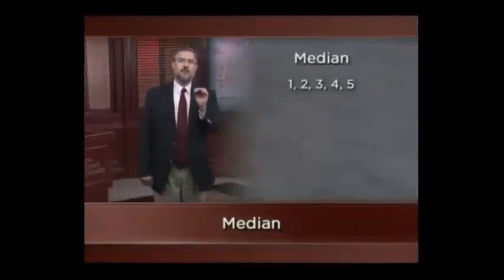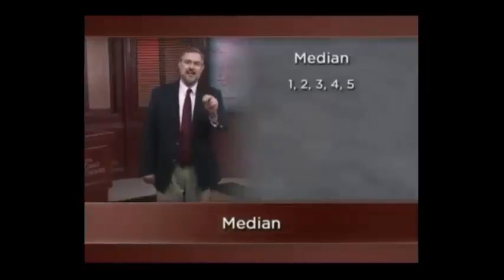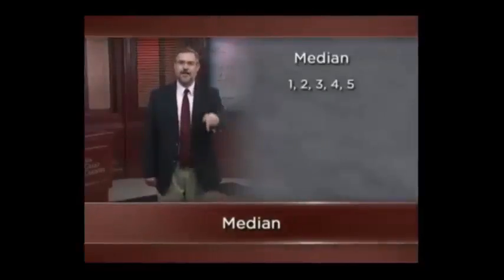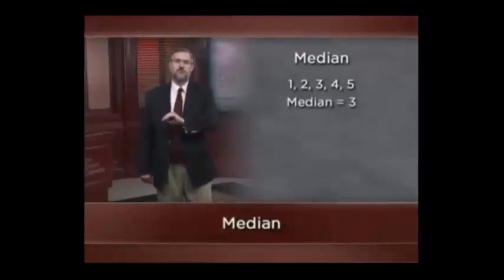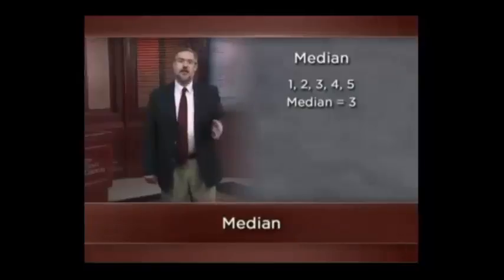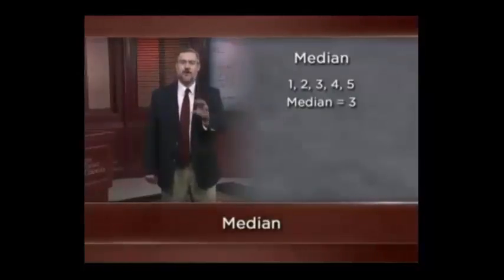So how does the word median come up in statistics? Well, the median of a list of numbers is exactly that number which is right in the middle of the list after the numbers have been written from smallest to largest. Now that's the definition if the list of numbers has an odd number of values in it.